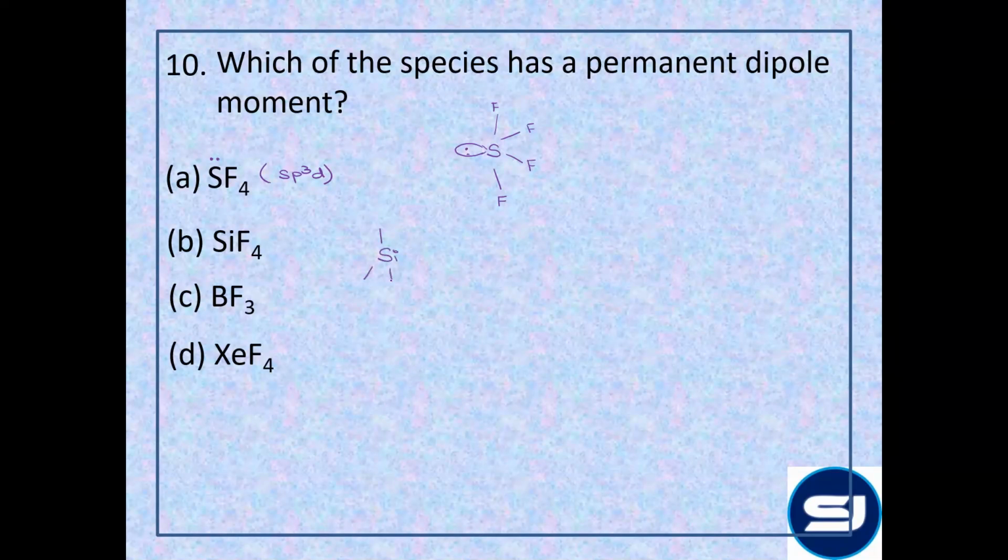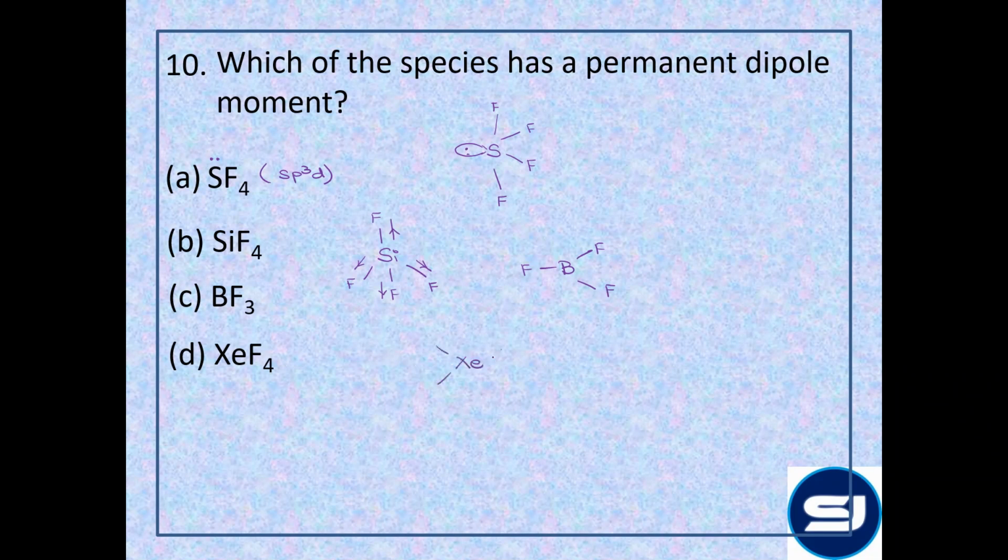No. But in the other molecules, SiF4 is a tetrahedral arrangement in which all the dipoles are equal and opposite. They will cancel off each other because of the symmetry in the molecule. BF3 has a planar arrangement of 3 fluorine atoms and doesn't have a lone pair, so here also the dipoles will cancel off.